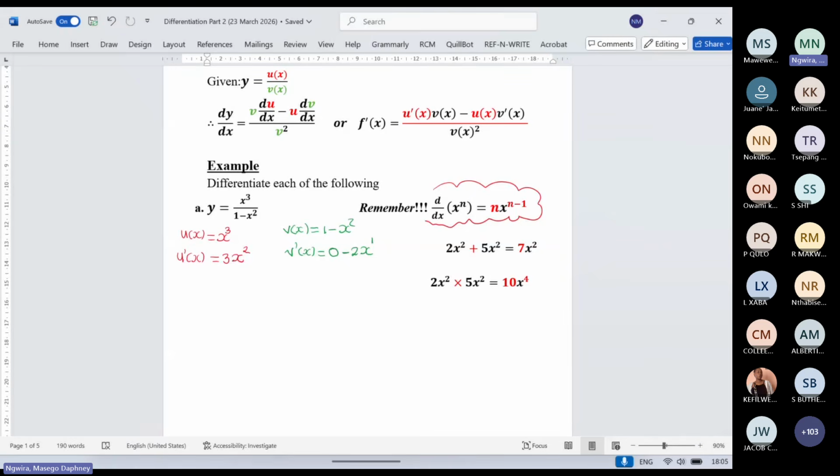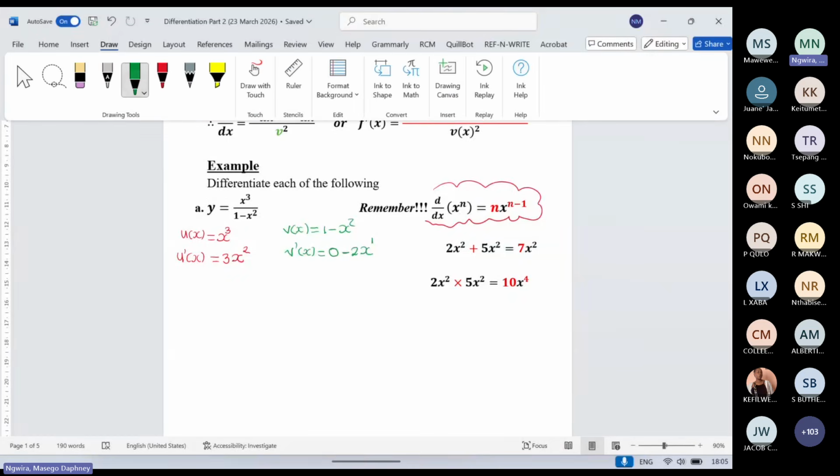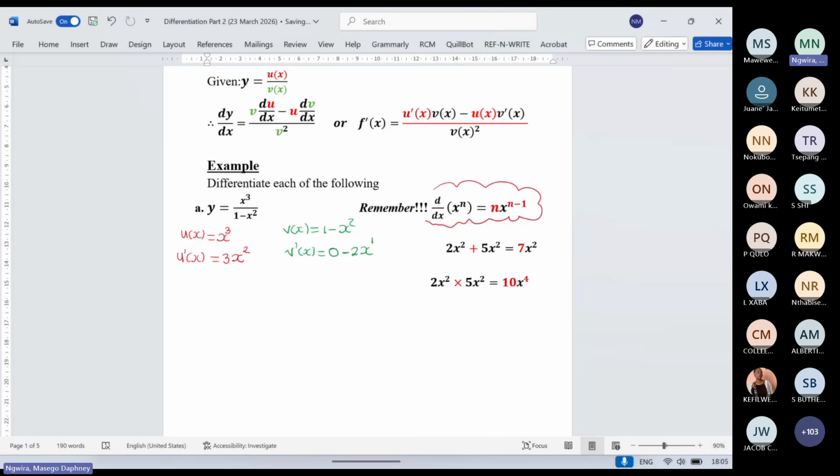All right? And then after this, I have my functions derived. So I'm going to follow the rule. The rule says that when you are deriving a ratio, the derivative equals the derivative of u times v, minus u(x) times the derivative of v(x).